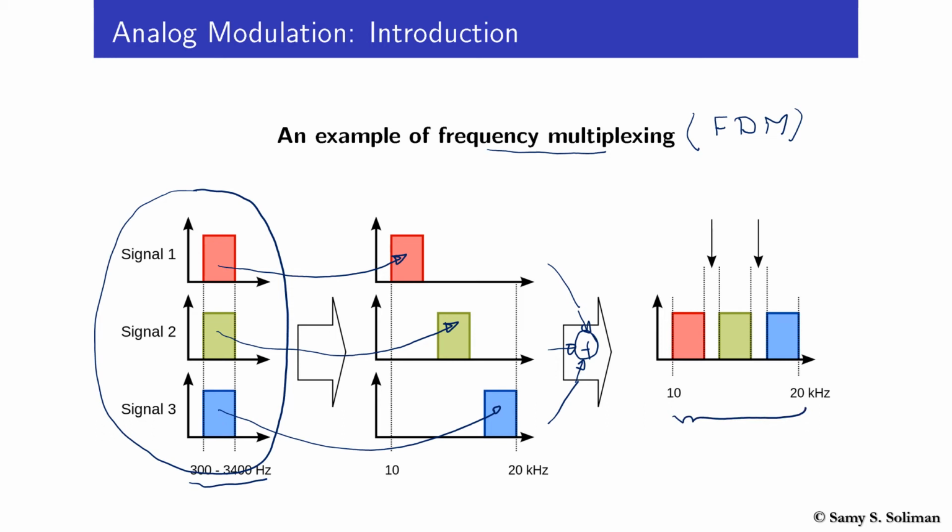And at the receiving side, if we want to separate them again, if we want to get, for example, signal 2 right here, we can easily extract it using a band pass filter which selects the signal in such a frequency range and stops any signal in the frequency range outside.